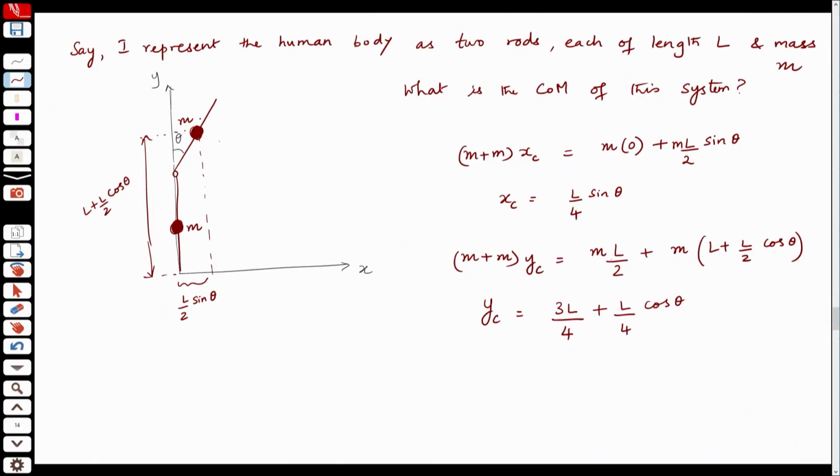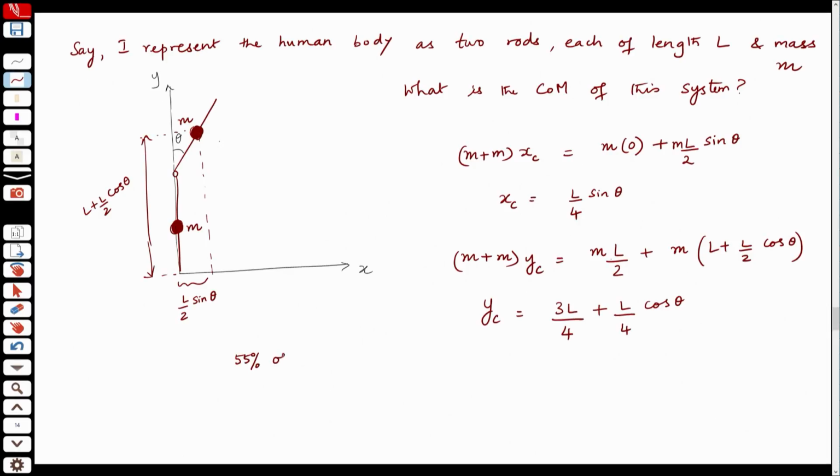Okay. So, here you can see, if I lean forward, I lean more, my center of mass is going to change. If I think of this as representing my lower body and that representing my upper body, the simplest case where I am modeling it as two particles, I can see that my center of mass will change as the posture changes.